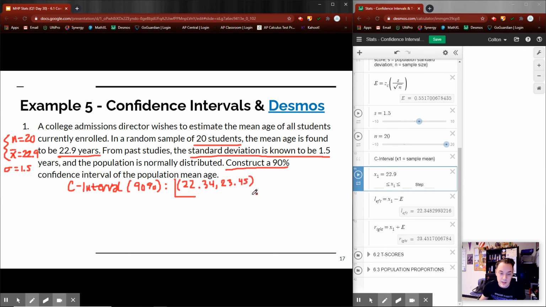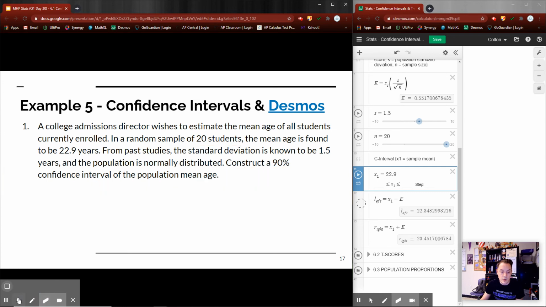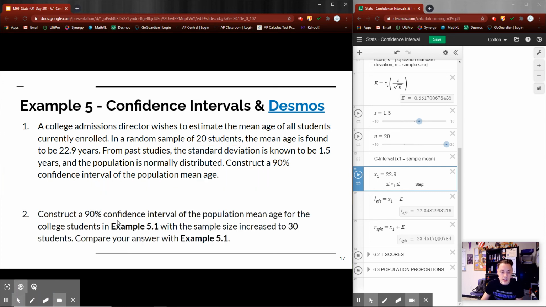And this is my answer. Pretty nifty, right? Really, you're just plugging into decimals. That's all you're doing. That's my confidence interval for 90%, and I can be 90% confident that my population mean will fall between those ages. Okay, sweet. Let's erase this and then move on to my next example.